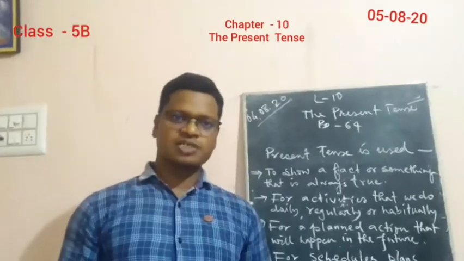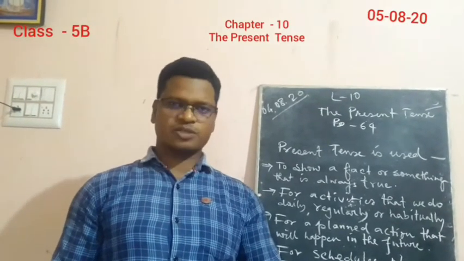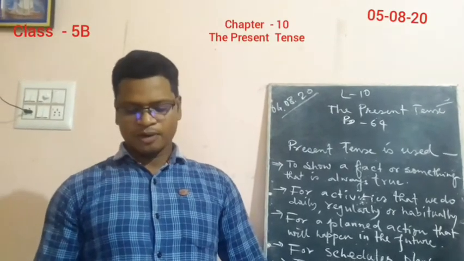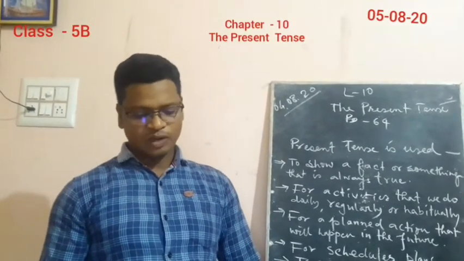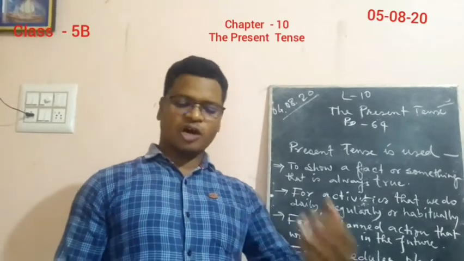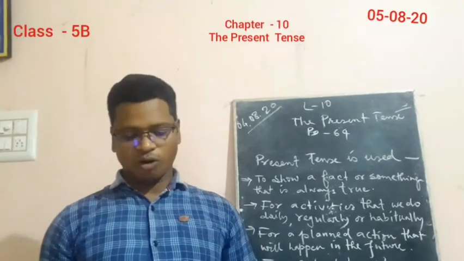So when an action is happening or occurring at the time of speaking, for those kinds of actions we use the present continuous tense. Let us move on to the next condition. When an action in the future is mentioned without specifying when it will occur.